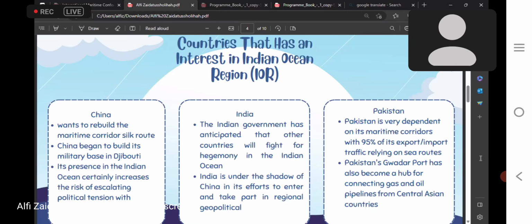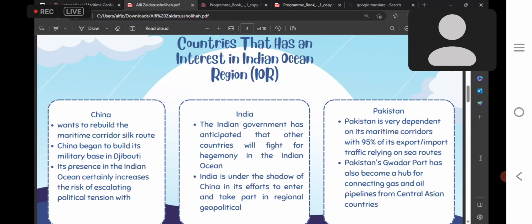China's presence in regional political contestation in the last 2 decades cannot be separated from China's economic growth, which has now become a global economic power. Apart from that, China, which has begun to push its way into the Indian Ocean theater, wants to rebuild the maritime corridor Silk Route. In order to realize these ideals, China began to build its military base in Djibouti, with the hope that they could expand their influence in the Indian Ocean region.